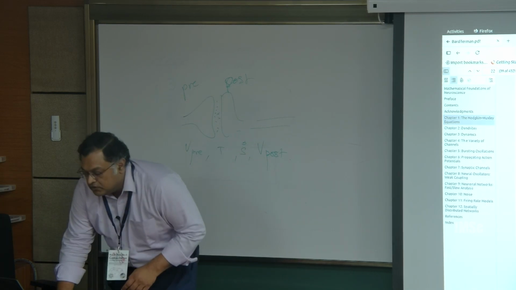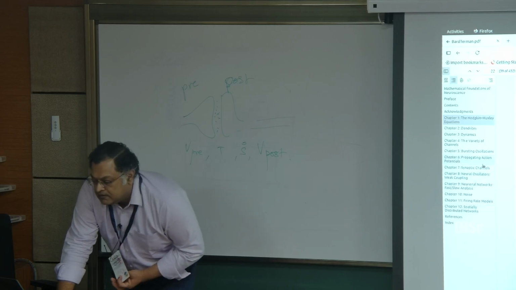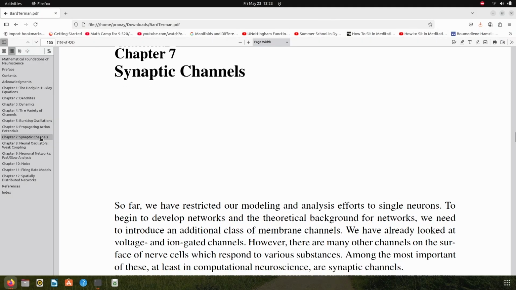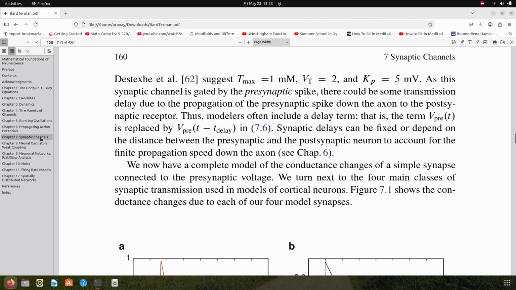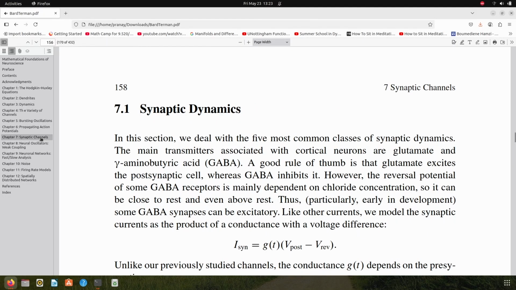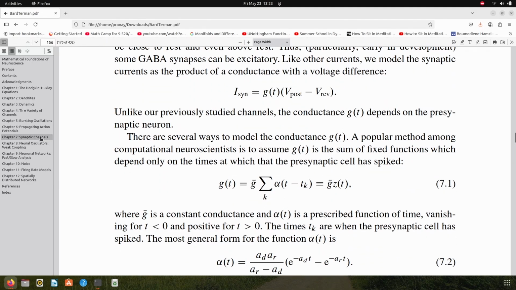Okay, so now let me go to chapter 7, and I'm going to show you the equations that I was working with. So, that's my equation for the synaptic current. That's going to be some conductance of the synapse times V post minus the V reversal potential.